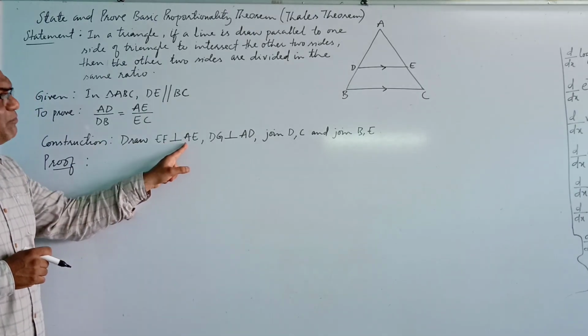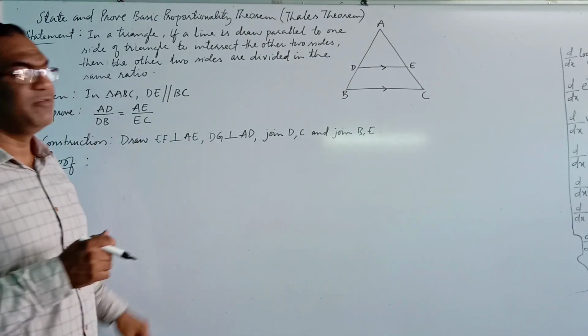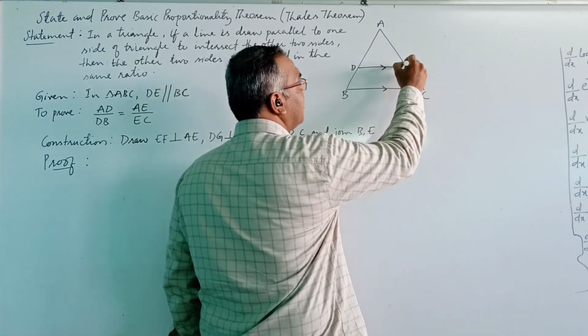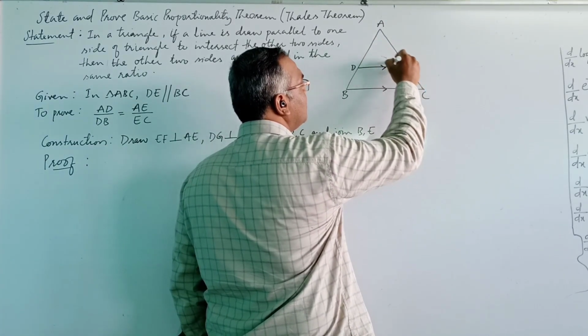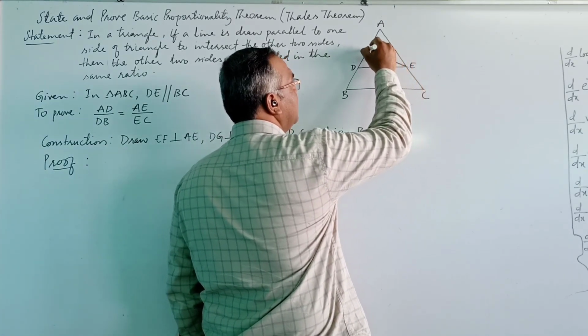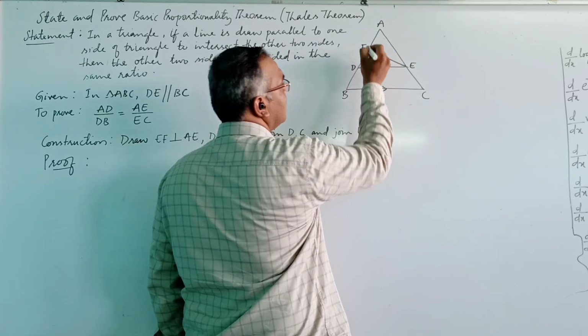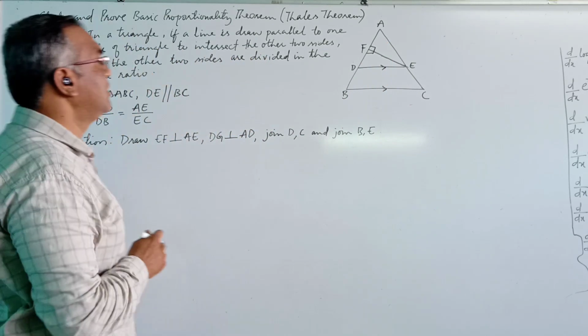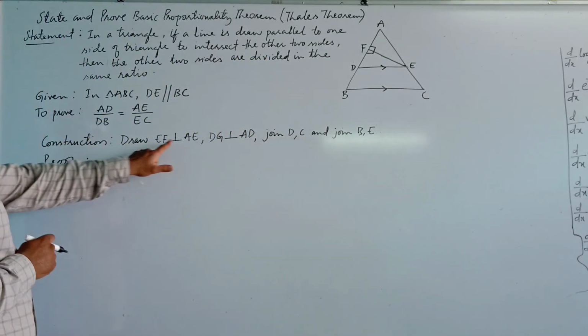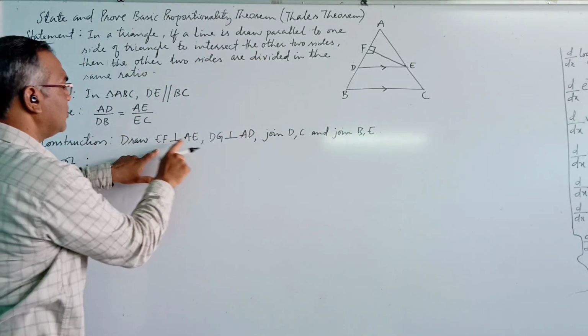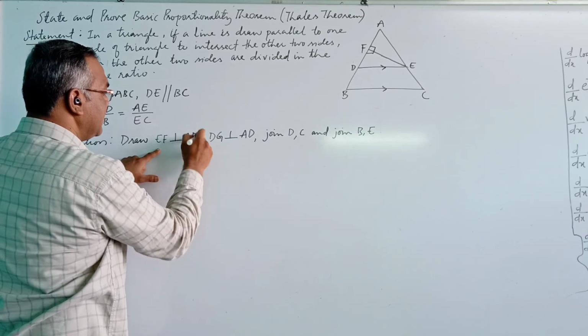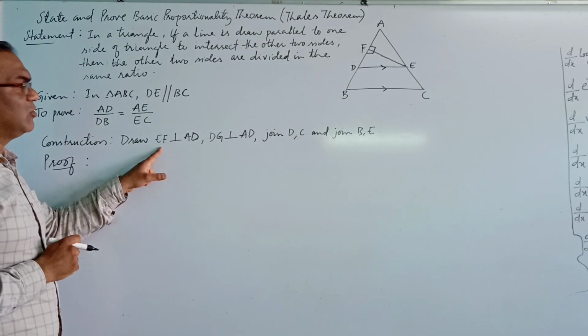Draw EF perpendicular to AD, which means it makes 90 degrees. Sorry, EF is perpendicular to AD.